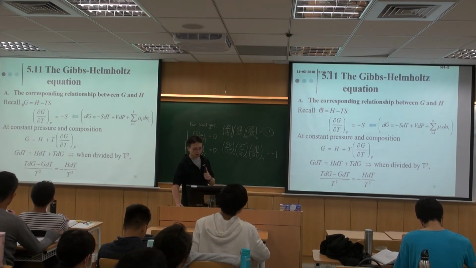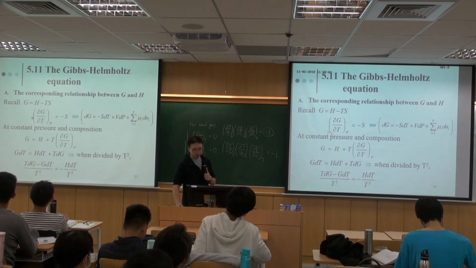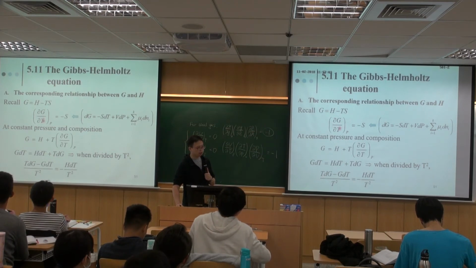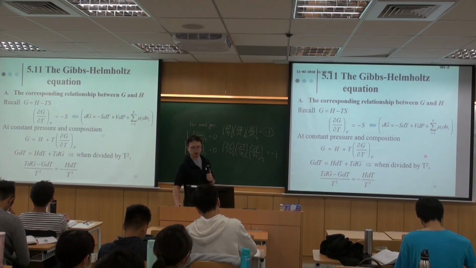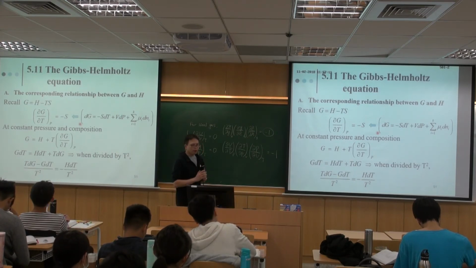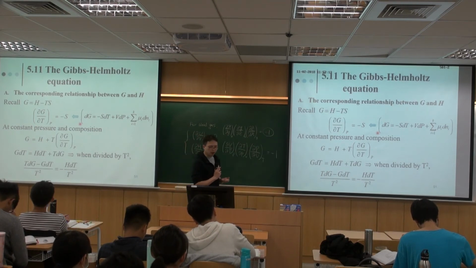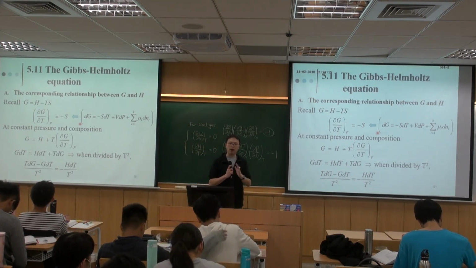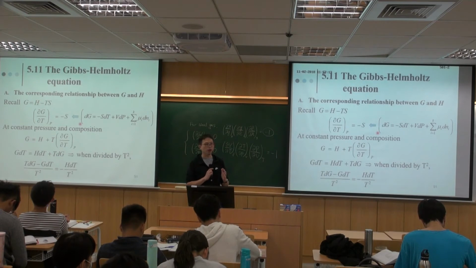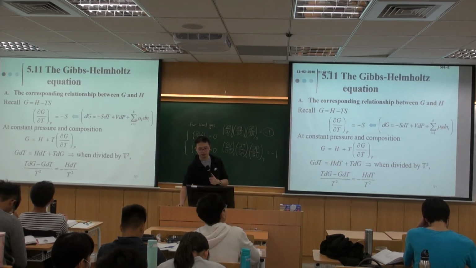So Gibbs free energy, if you take a partial differential against temperature at a fixed pressure, it will just be minus S. We've already seen this before from this expression. And at a constant pressure and composition, we don't have to worry about the chemical potential part, which means that we don't have to worry about the last term over here.